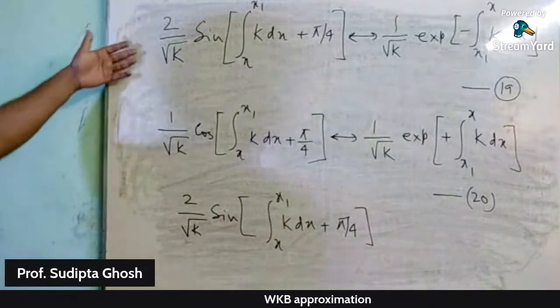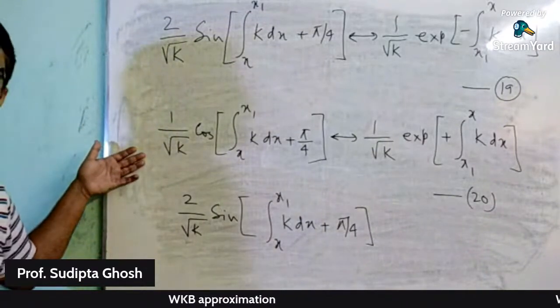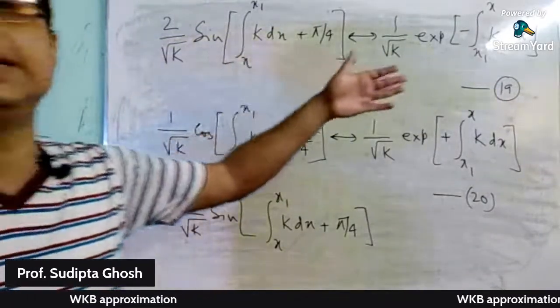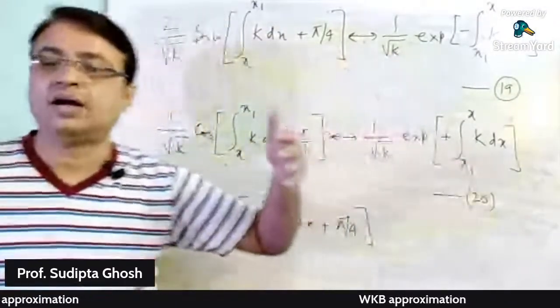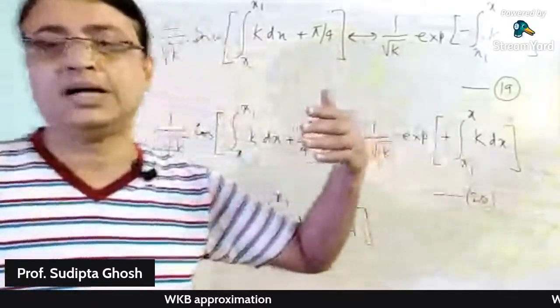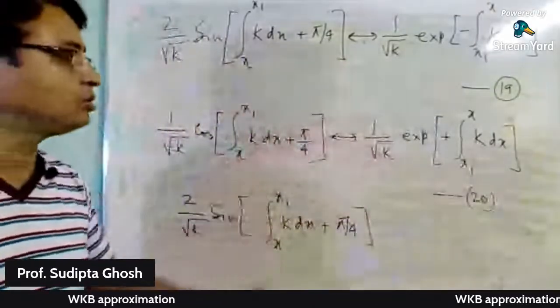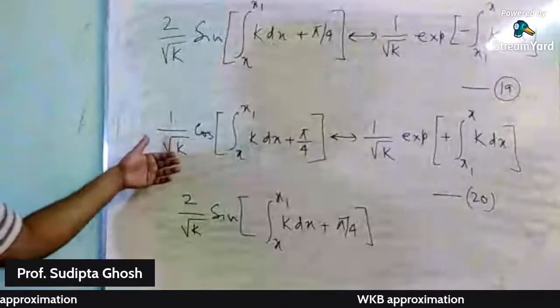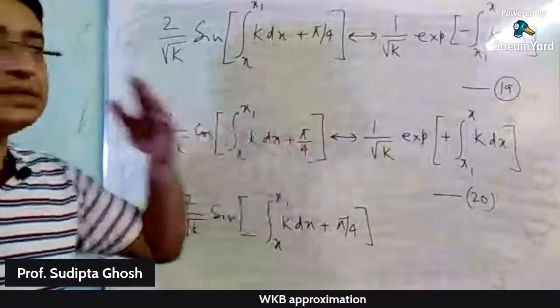So these are the connection formulas given as equation 19 and equation 20. I have told you that you can get these equations in any standard quantum mechanics books. I have written these equations for you. You can write it down.